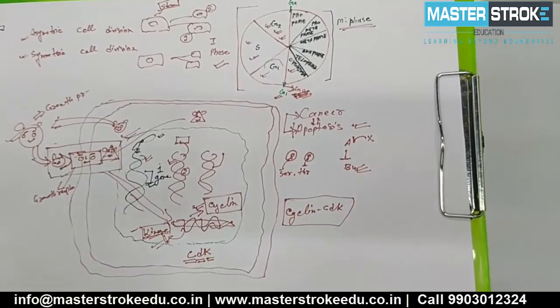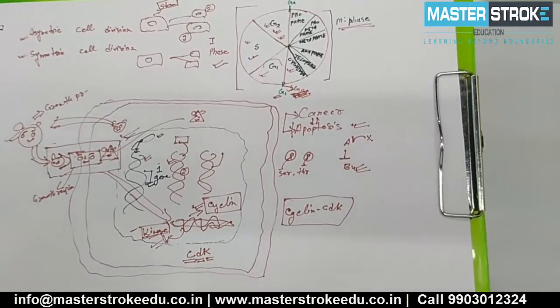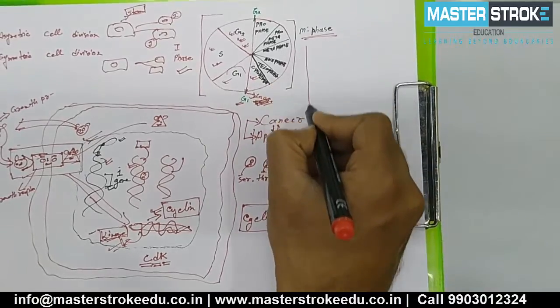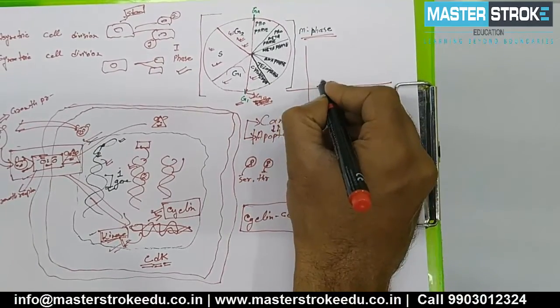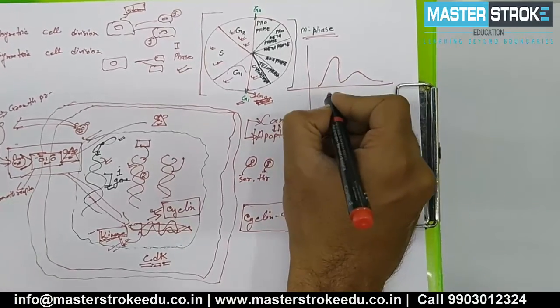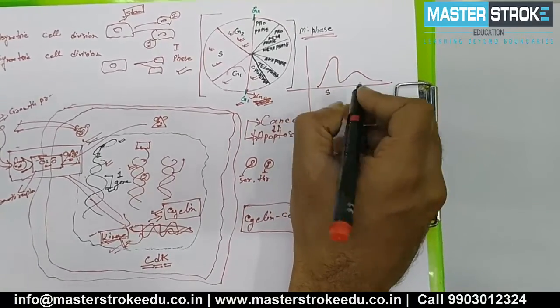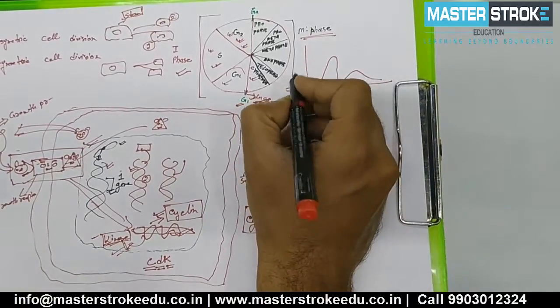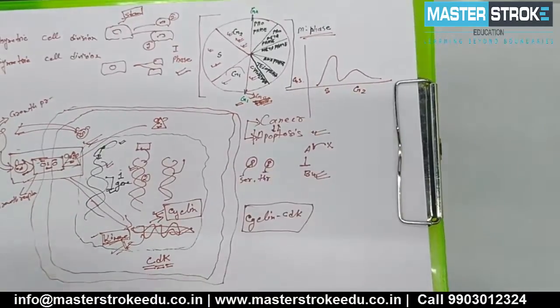So this is all about the cyclin and CDK. If we show it in a graphical representation, we can think about it like this. This is the S phase and this is the G2 phase, and this is the G1S cyclin we are talking about.